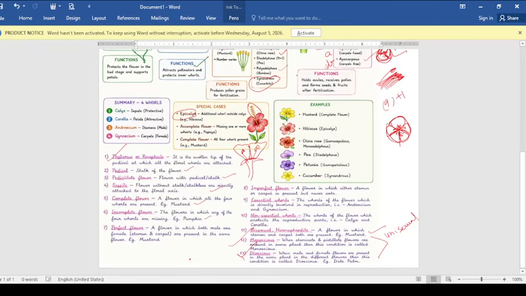I'm drawing it in red color itself. These are the sepals of China rose, but at the base you will find these separate structures. This kind of structure is called episepals.